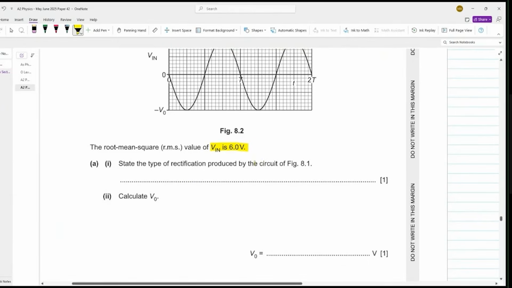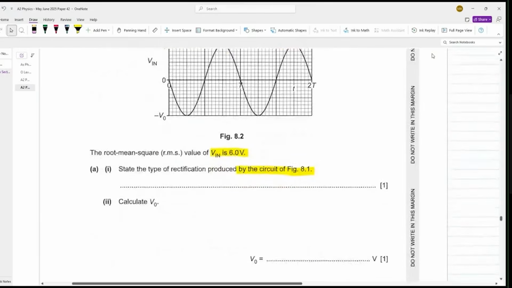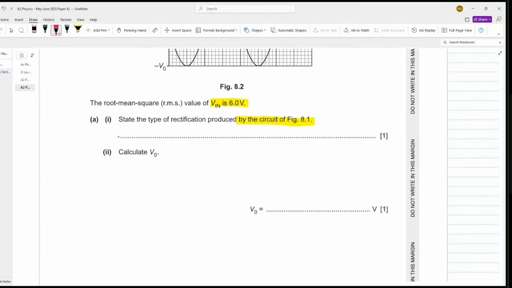State the type of rectification produced by the circuit in figure 8.1. Always remember, if you have one diode in the circuit, which type of rectification will you produce? Half wave rectification. Now, you have to calculate the value of V naught.